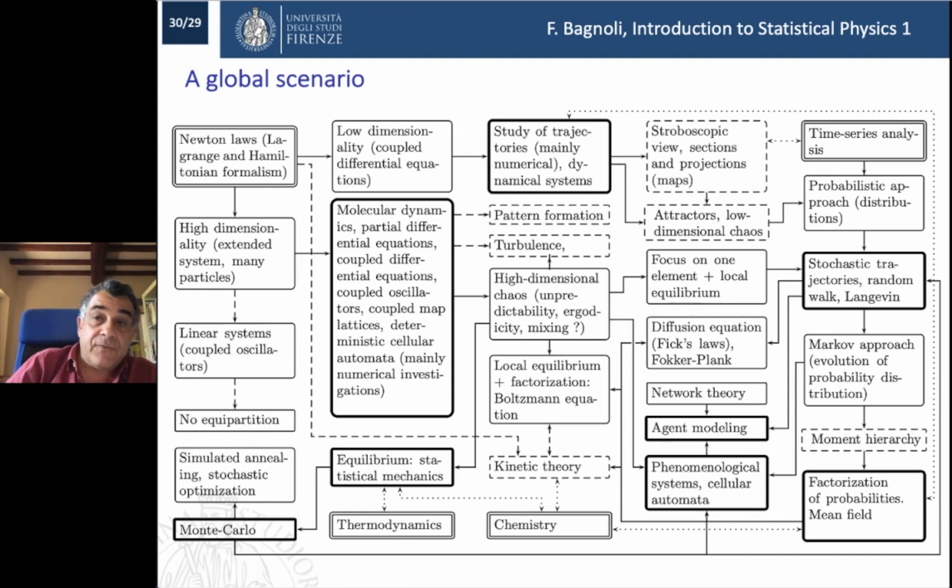So, finally, in this graph, one can follow at least some typical path that can be used to have a unified view of statistical physics. So one can start from Newtonian law, essentially the integration of equations of motion, to high dimensional partial differential equations, Navier-Stokes, and so on.